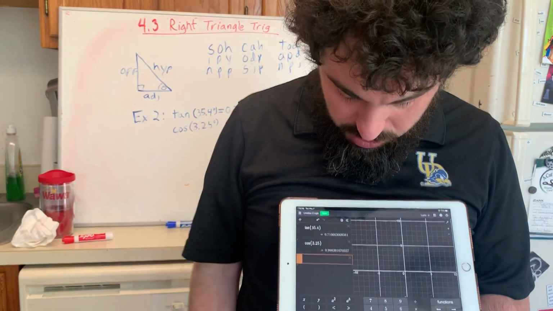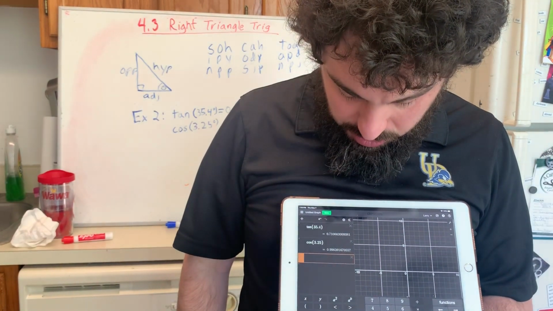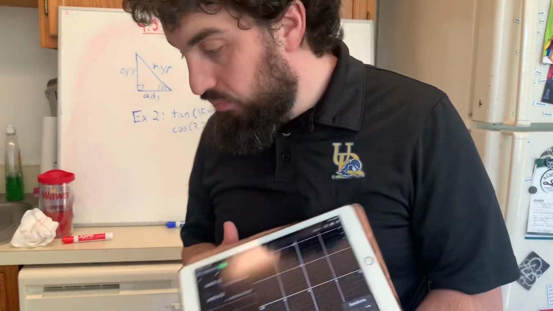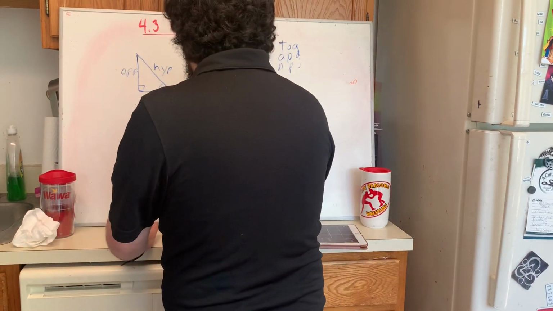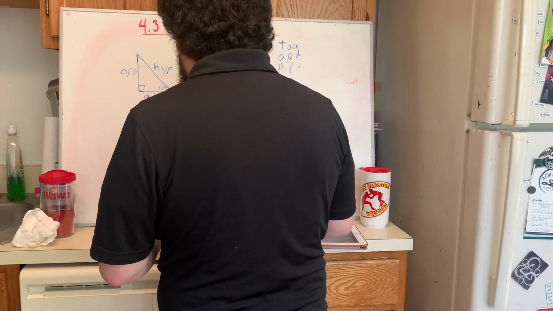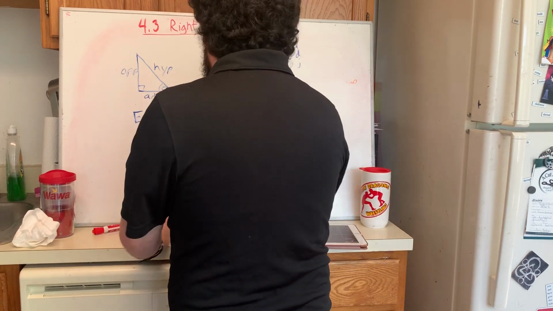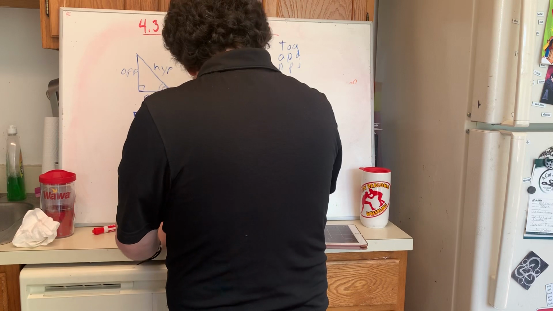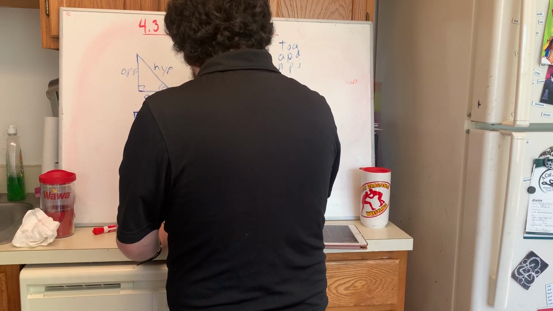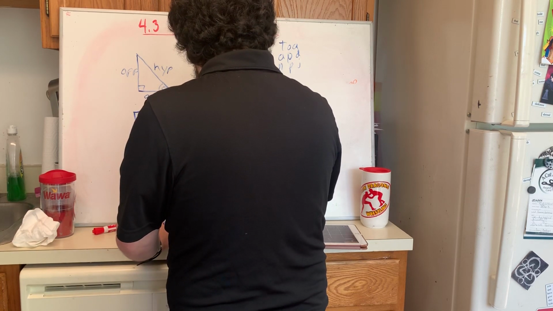Hit enter, and we get 0.9983. So let's record that answer as well. Again, if you're getting different answers than this, probably means you're in radian mode instead of degree. So just go into the settings and change that.